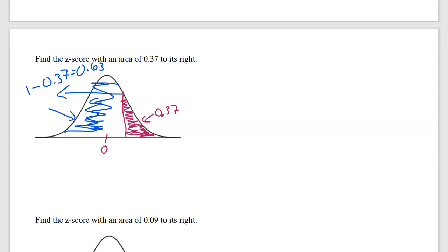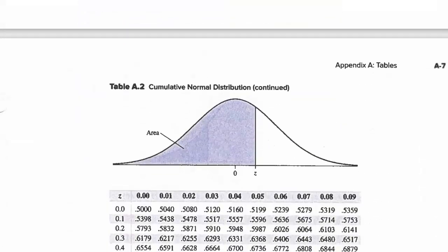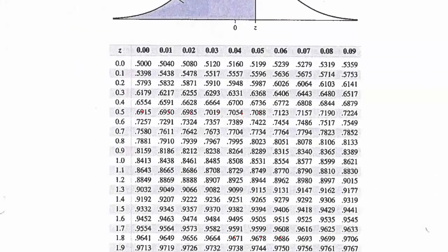And I'm going to look up a 0.63 in the center, in the body of that table. So I'm going to come through here and find a 0.63, which would be between these two, and I need to find which one it's closest to.